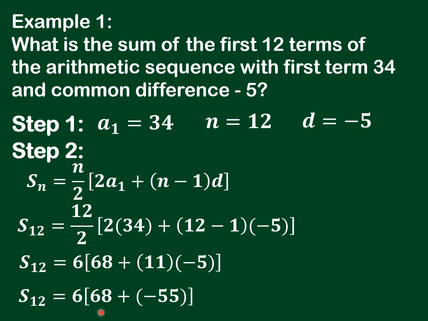Next, we're going to add 68 and negative 55. So 68 plus negative 55 is equal to 13. So 6 times 13 is equal to 78. So the sum of the first 12 terms of the arithmetic sequence with first term 34 and common difference negative 5 is 78.